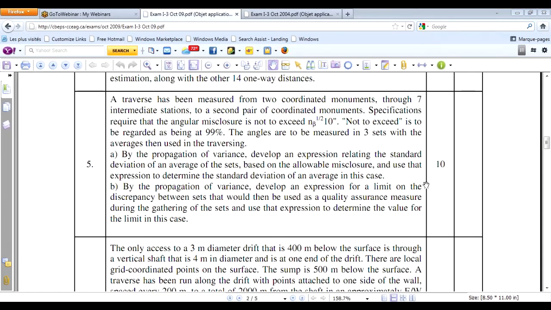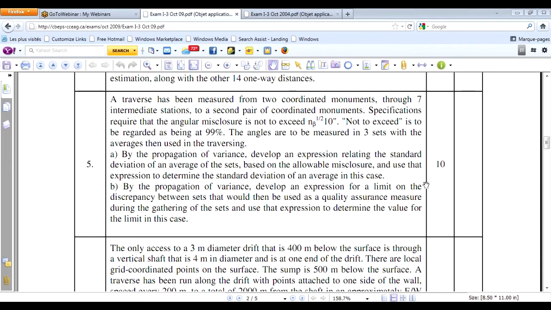If you take the azimuth between the first pair of coordinated monuments and the azimuth between the second pair, and use those to calculate the coordinated monument deflection between the two lines, you have then what we could call the control deflection. Observed minus what it should be, so the traverse deflection minus the coordinated monument deflection would give us the misclosure.